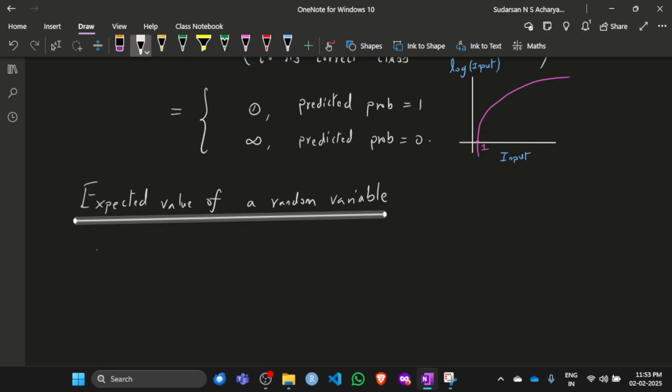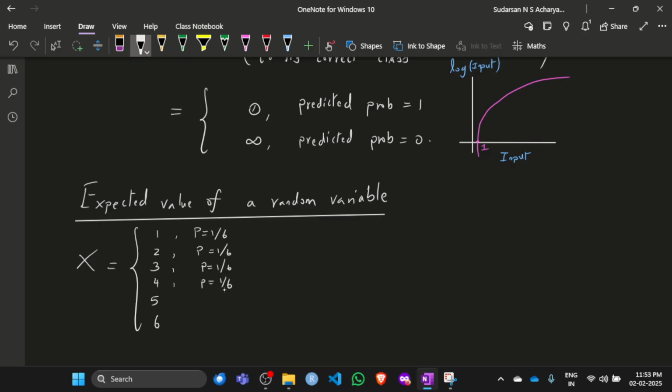So here the random variable is x, and it can take all possible values here, such as 1, 2, 3, 4, 5, 6, right? So what is the probability that the random variable x takes the value 1? The probability is 1/6, and it's the same for it to take the value 2, 3, etc. So the probabilities are exactly equal to 1/6.